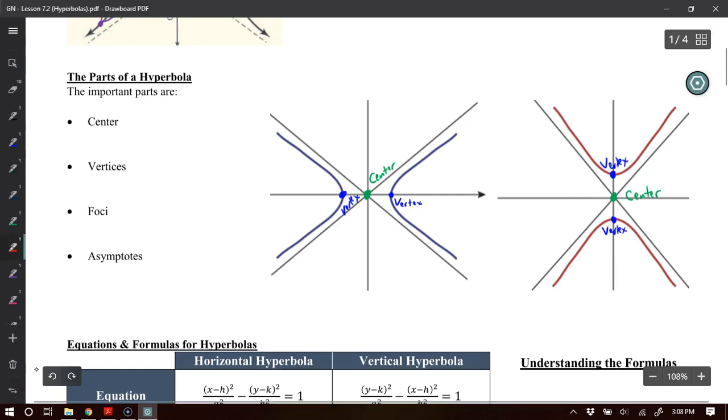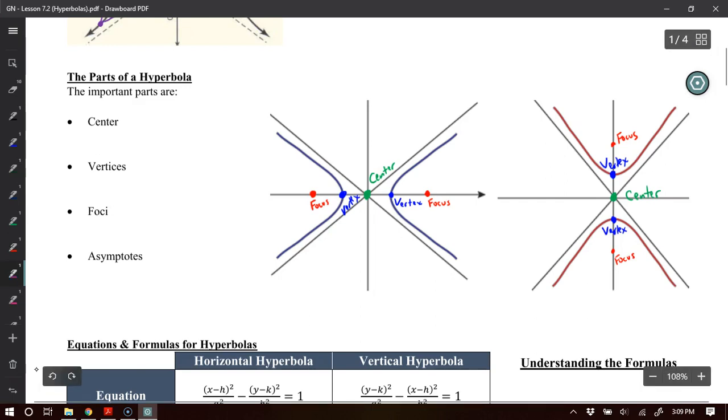We have foci. Now, the foci are inside the curved part of the hyperbola. So here is one focus, and here is the other focus. So a hyperbola opens up towards the foci. So here's one focus here for a vertical, and here's the other focus. And we have the asymptotes.